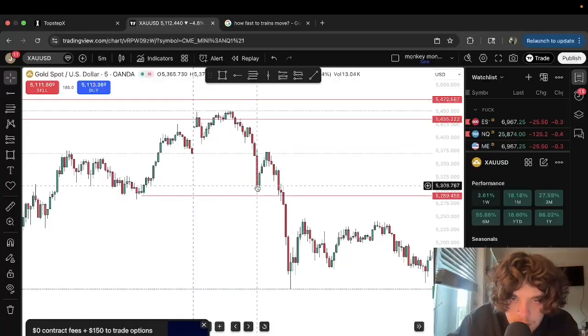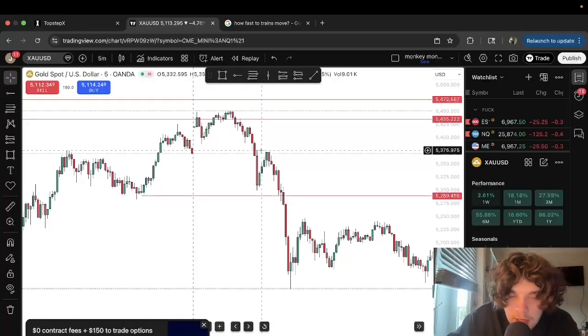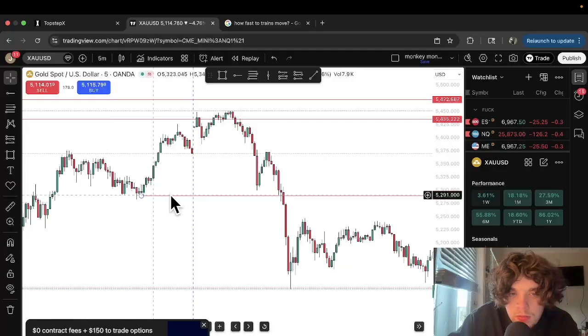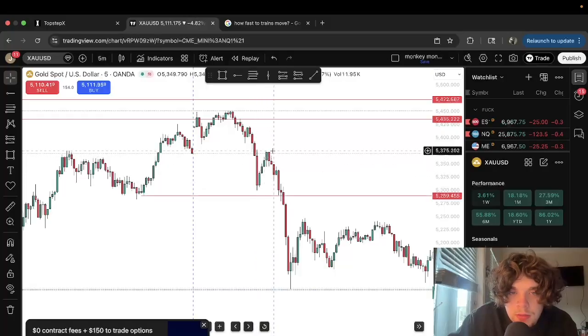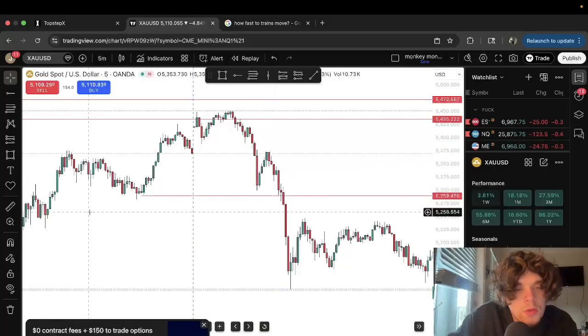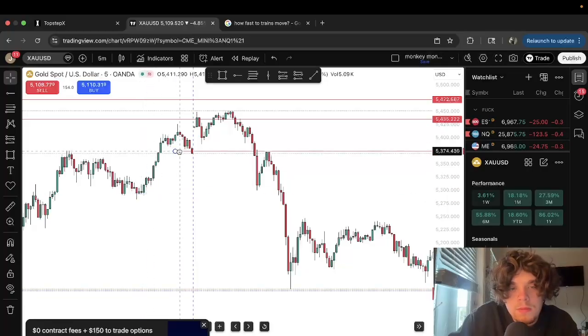Crazy how down moves. And then was structure broken? I don't think so. And that turned out to just all be retracement for a second. No, I just clicked on the wrong thing. I'm realizing that that's where structure was broken.